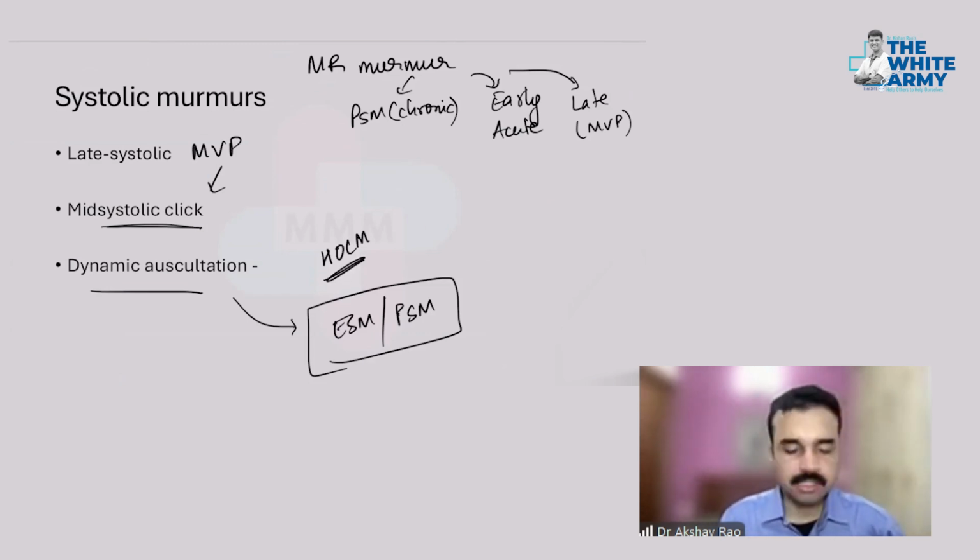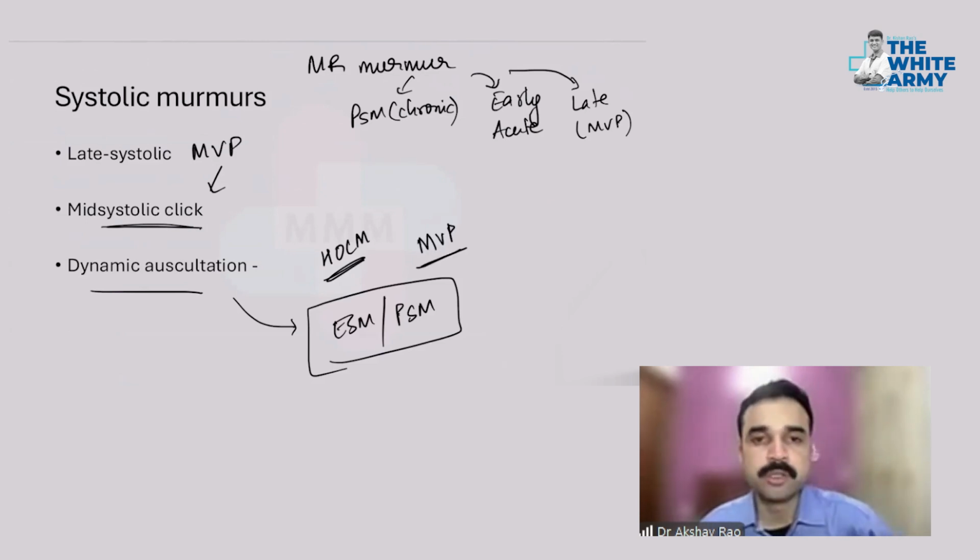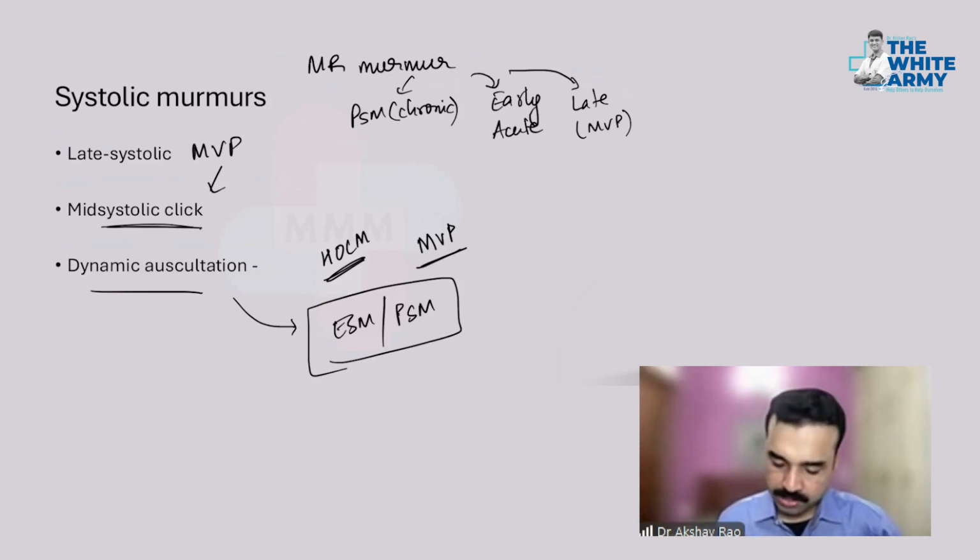This also has certain unique features in dynamic auscultation. Likewise, the pan-systolic murmur also has unique features on dynamic auscultation, especially when it is caused by mitral valve prolapse. So what are these dynamic auscultation maneuvers? How can you remember them? So remember this small story.